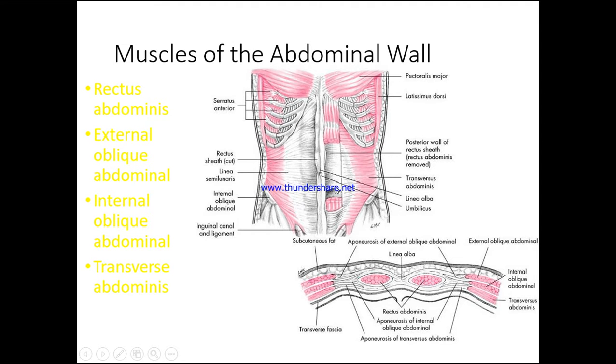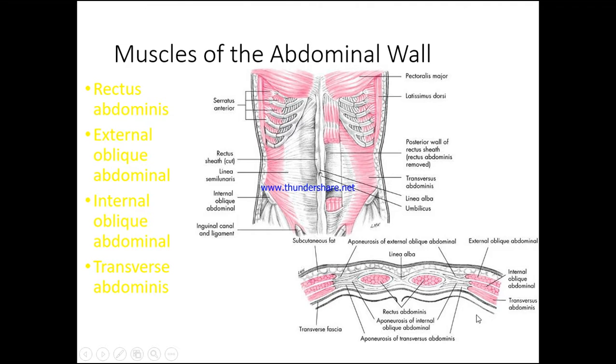Some important points about the internal abdominal wall and the internal abdominal viscera, and how this line is important in relation to the actual rectus itself. And what you can see here is a cross section, and you can see the rectus abdominis muscle here.